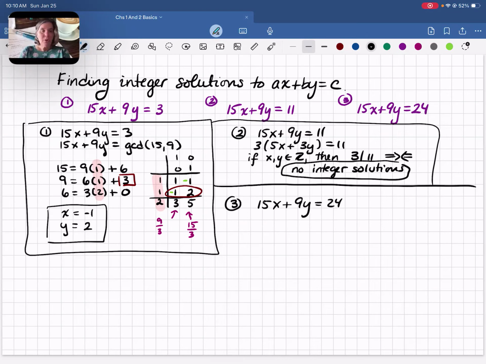Okay, so what I'm going to do is say, well, I already have a related solution. I have 15x plus 9y equals 3, and this is close.